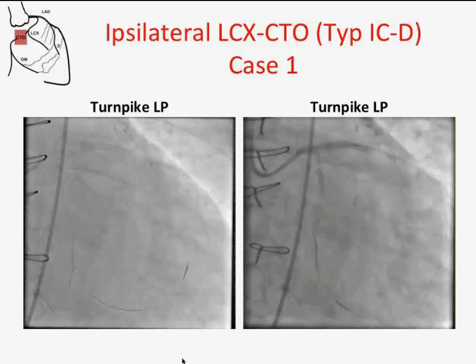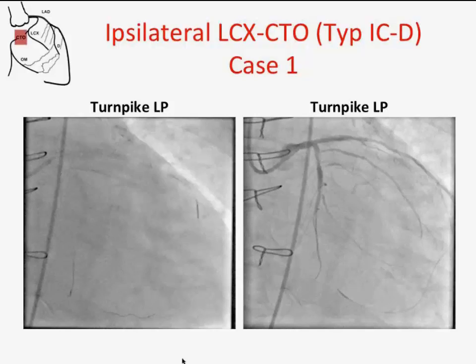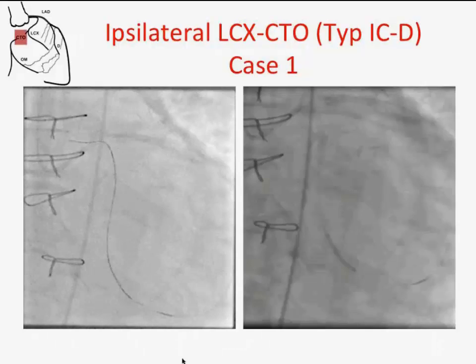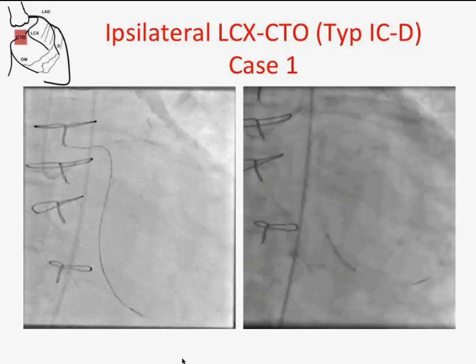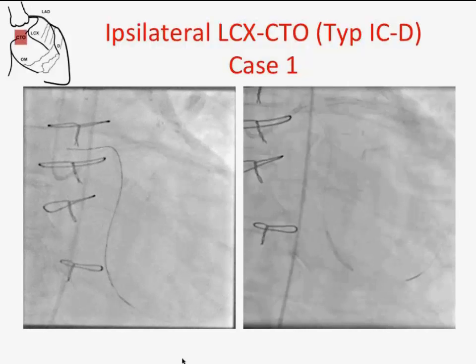In 6 French you do not have much support, but this device just went through this nearly invisible collateral, and then it was not so difficult to get into the distal part of the vessel. So I could go for some externalization there.